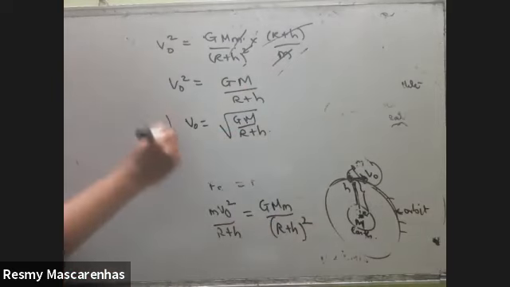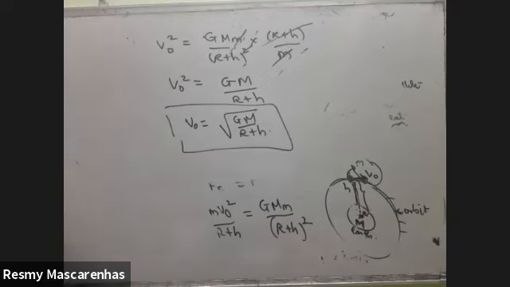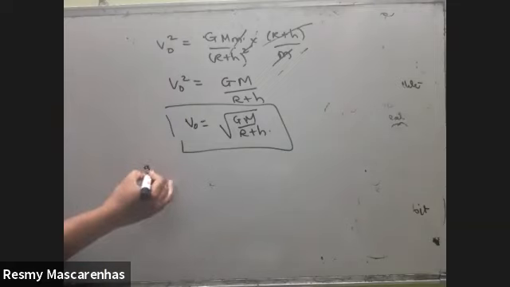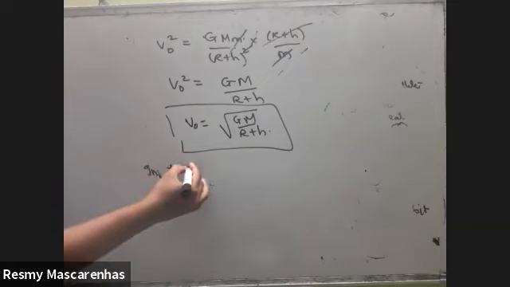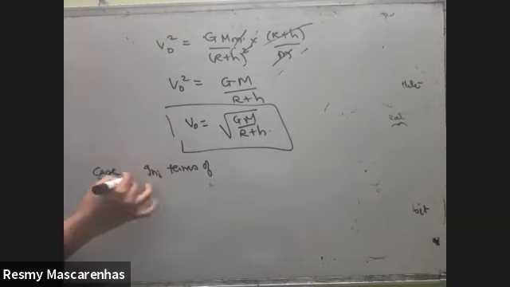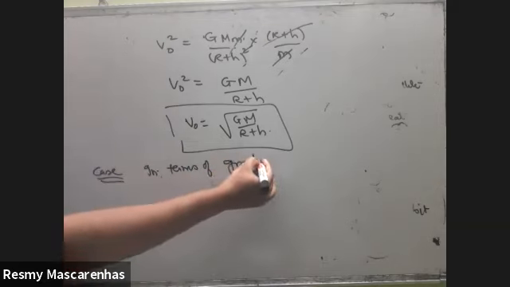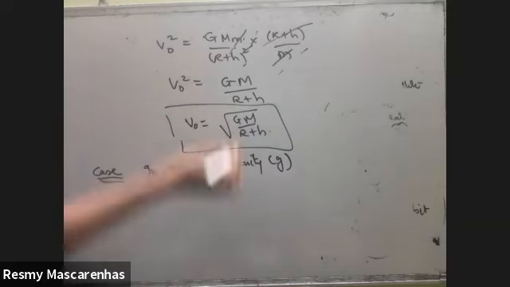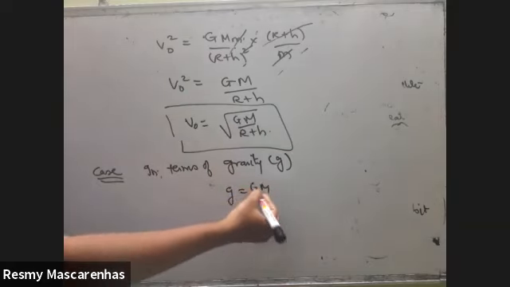Now this is your orbital velocity. Now how we had derived this in 3 ways, like we could do for escape velocity, in terms of, suppose if I want in terms of gravity. This is one case, in terms of gravity if I want. So we know this formula g is always Gm upon R square.